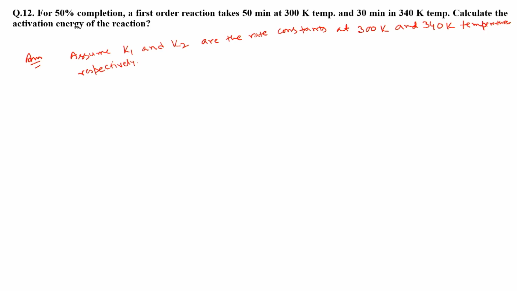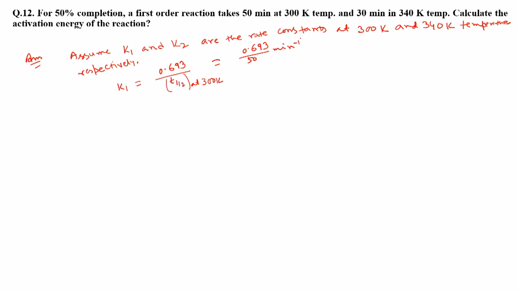Okay. So, we write K1 is 0.693 by half life, since this is first order kinetics. So, T half at 300 Kelvin is 50 minutes.